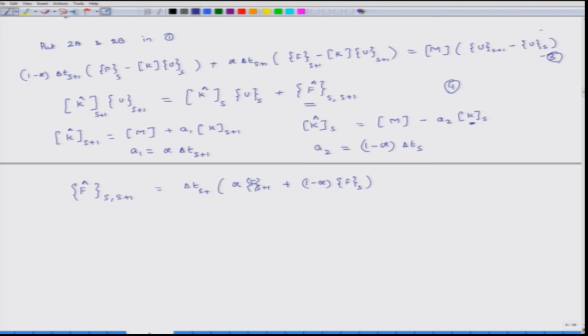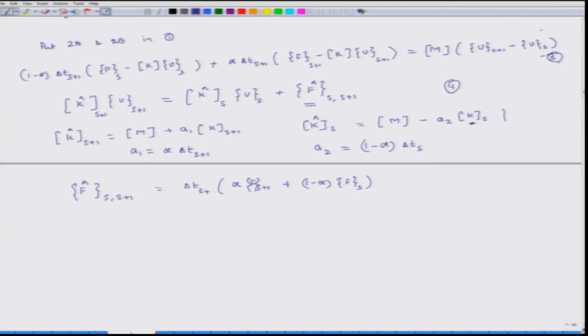Okay. So, how have we gotten all of equation 4? We have just reorganized equation 3 and given some different labels. We have constructed a K matrix which is basically a combination of K hat at s plus 1, which is a combination of M and K of s plus 1, and same thing for K hat at s.